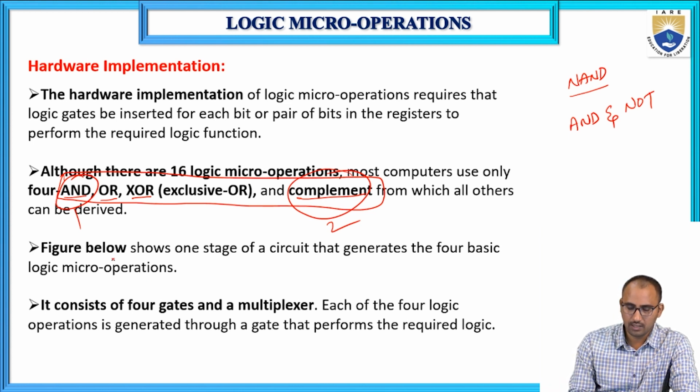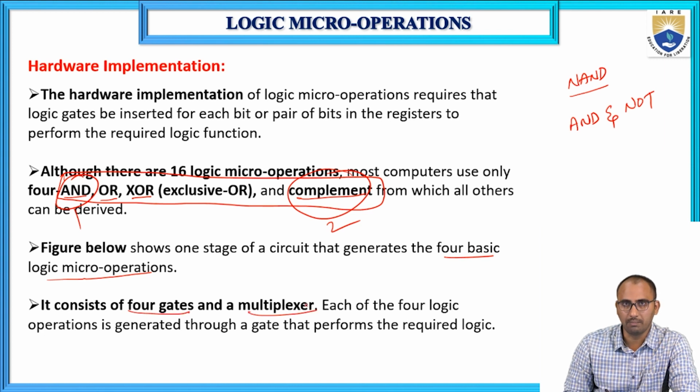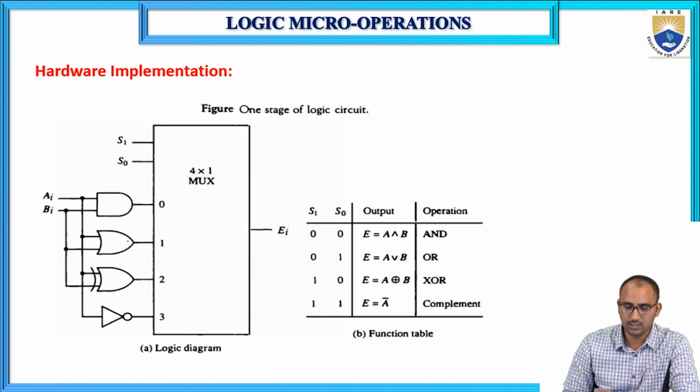The figure below shows one stage of the circuit that generates the four basic logic micro operations. For that we require four gates and one 4 by 1 multiplexer. So this is a hardware implementation.